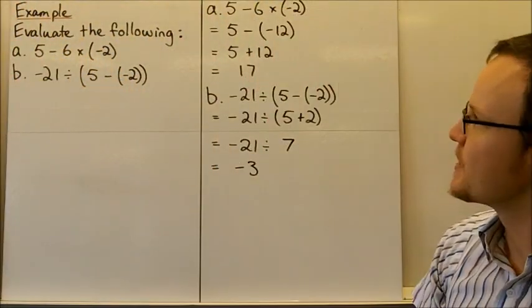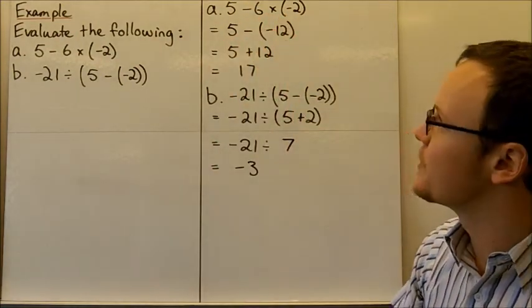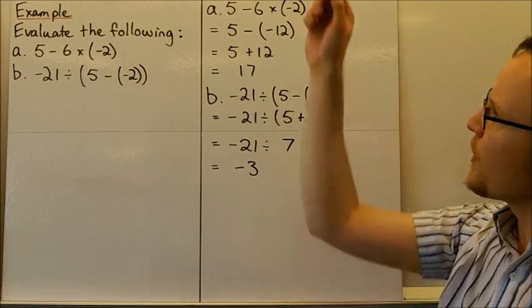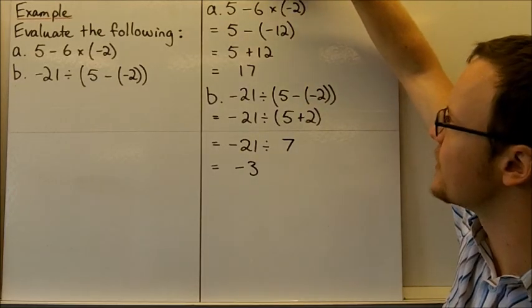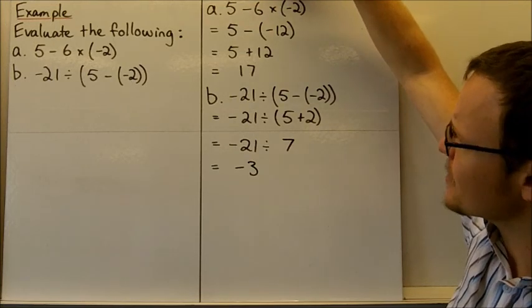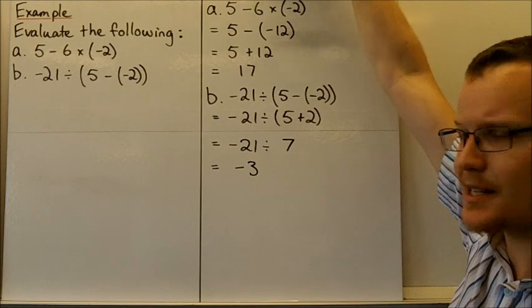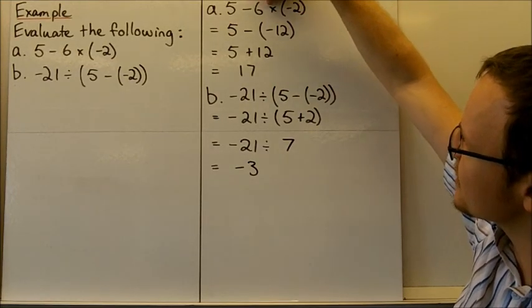Let's look at a couple of examples. Our first one is 5 minus 6 times -2. We don't see any brackets. Well, we do have brackets around the -2, but that's just to separate it out as a negative number. So we're multiplying by a negative. We don't have any indices either, so we look at multiplication and division. We have one multiply: 6 multiplied by -2.